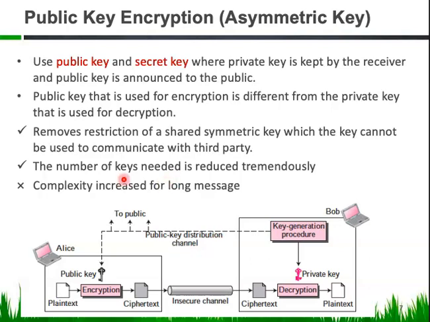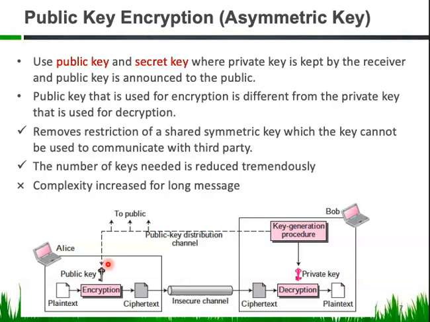The advantage of this method is that it removes the restriction of a shared symmetric key, which cannot be used to communicate with a third party. There is no need to share the symmetric key, and the number of keys needed is reduced tremendously, because Bob only keeps his private key and the encryption is done using the public key.